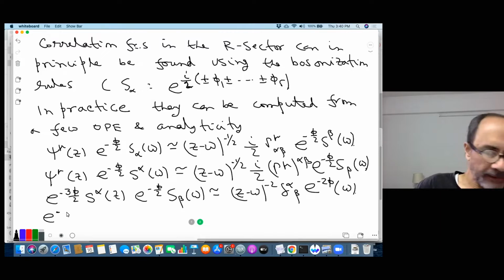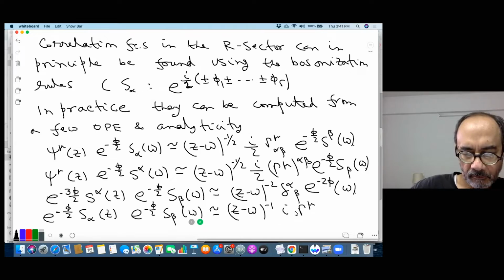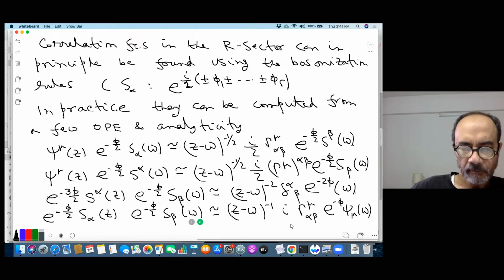This last one, in fact, you can derive from the others, but let me write it down anyway. This is useful. And similarly for the anti-holomorphic sector, plus the corresponding OPEs in the anti-holomorphic sector.